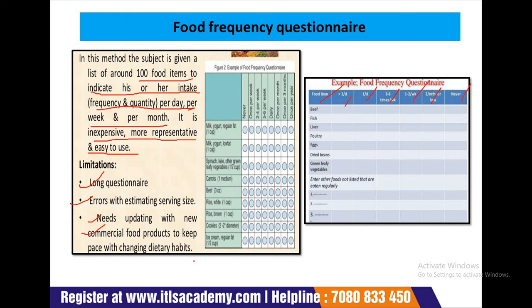This is the table you should fill in like this. Here are beef, fish, liver, poultry, eggs, dried beans, green leafy vegetables. Enter other foods not listed that are eaten regularly. So you can just make a table and check what you eat or what you never eat. So this is the method for the food frequency questionnaires.